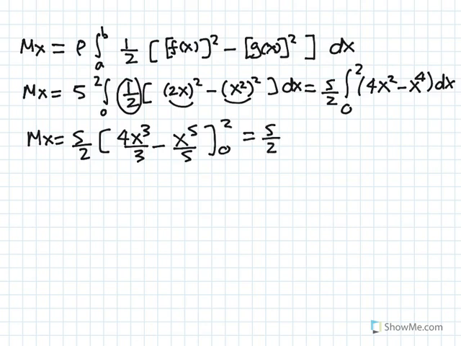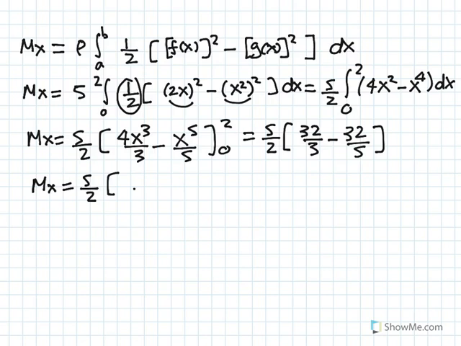5 over 2 times, put the upper limit in, we get 2 cubed is 8 times 4, we get 32, divided by 3, minus, now put 2 in, we get 2 to the 5th, 32 over 5. Add these fractions, I should say subtract these fractions. So the moment with respect to the x-axis is 5 over 2 times, and take a common denominator, that's 15. 3 goes into 15 5 times 32, that's 160.